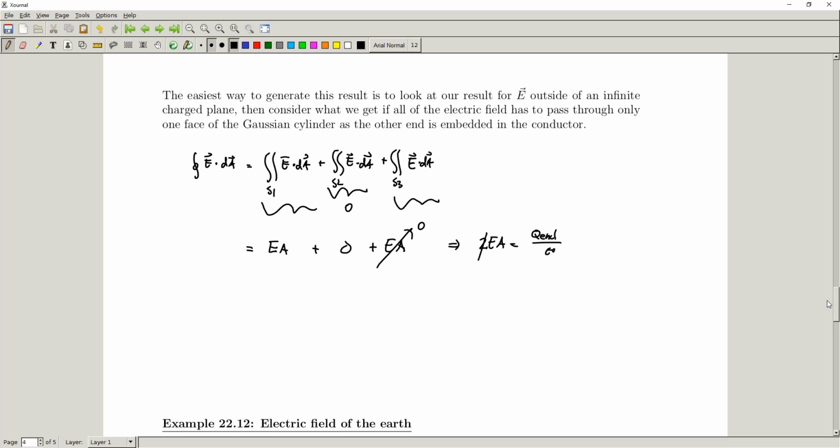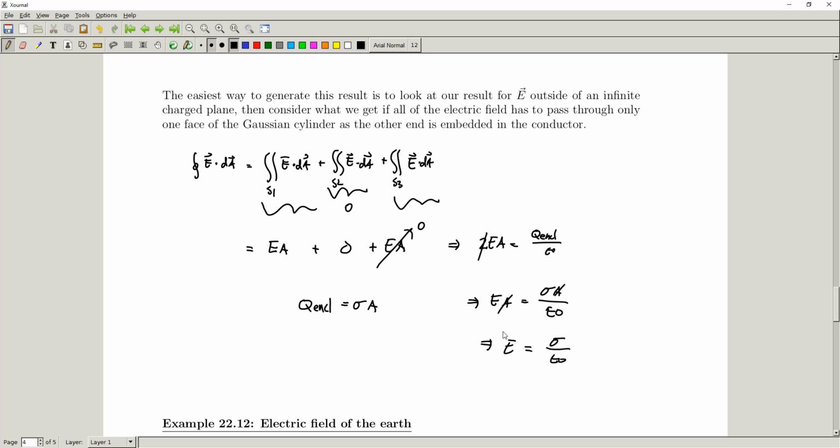We can see what we did before: we wrote that the charge enclosed Q was equal to sigma A. We made that replacement, and in this case, since we've killed off this factor of 2, we end up with EA equal to sigma A over epsilon naught. These A's cancel, and we end up with E equal to sigma over epsilon naught.